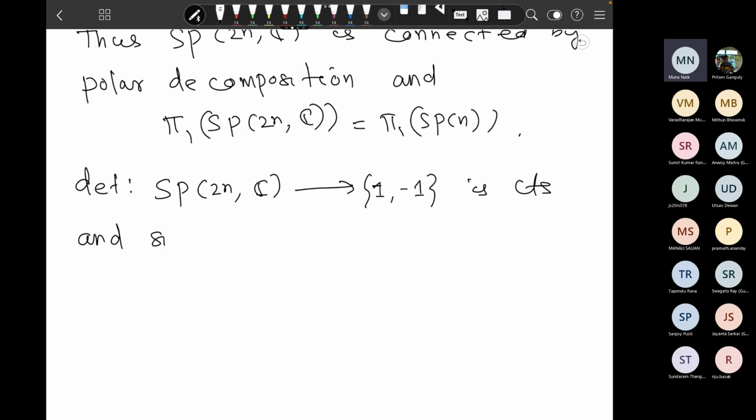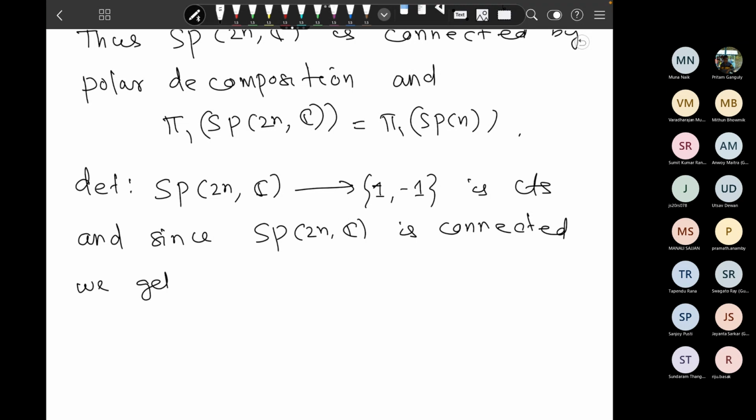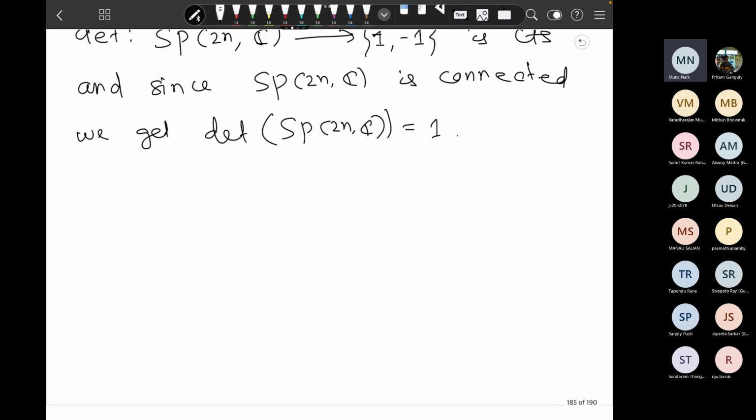And since Sp(2n,C) is connected, we get that the determinant on the whole Sp(2n,C) is 1. So by restricting to the condition that the determinant is equal to 1, we will not get any other group. Okay, so this is the thing.